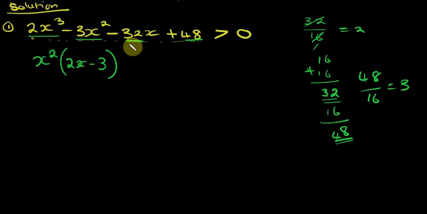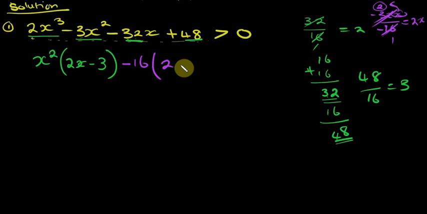In this case, let's take out minus 16 as our common factor. Minus 32x divided by minus 16 gives us 2x. Then, wait a minute, that's not plus.